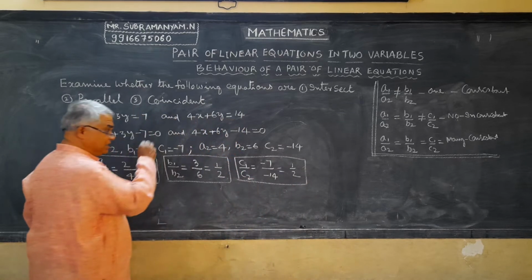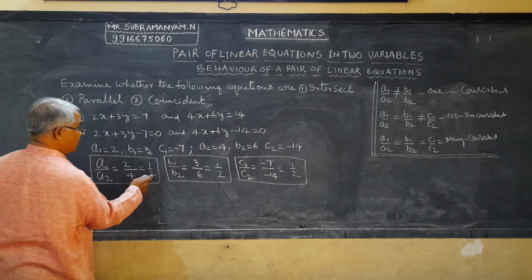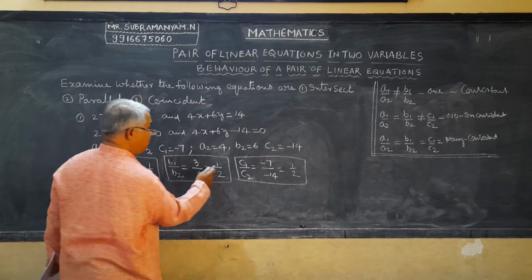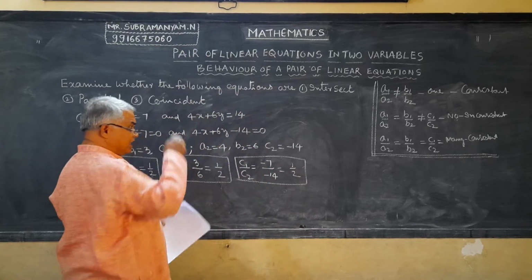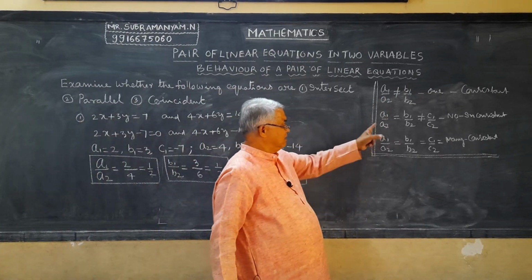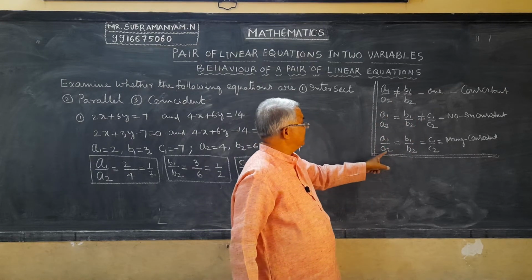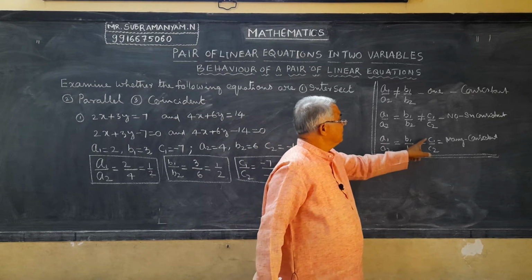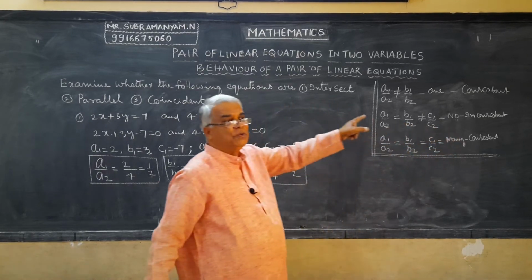So from this what we understand? a1 by a2, 1 by 2. b1 by b2, 1 by 2. c1 by c2, 1 by 2. Let us see which condition is that. Not the first one. You cannot take the second one, this is not equal. So the third condition, a1 by a2 equal to b1 by b2 equal to c1 by c2. So what we have to write? Many solutions.